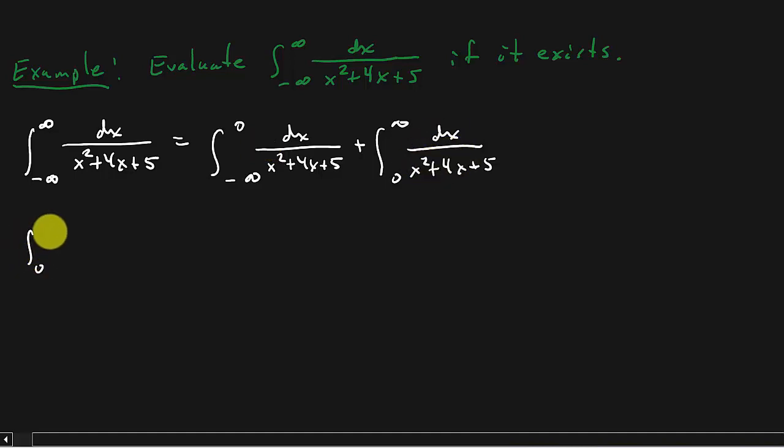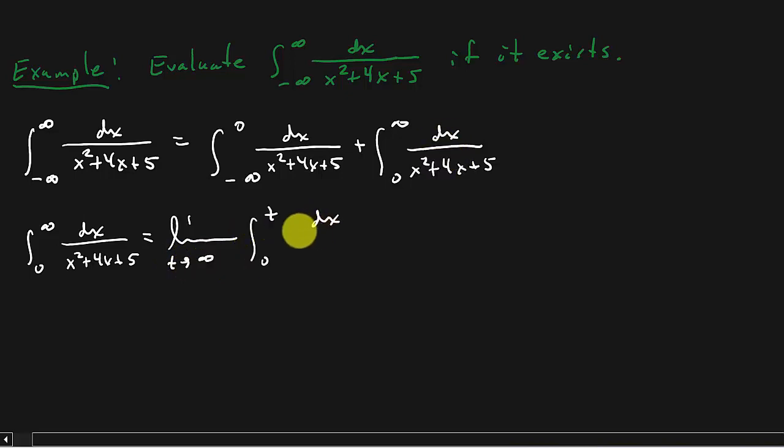So I've got the integral from 0 to infinity of dx over x squared plus 4x plus 5, which is equal to the limit as t goes to infinity. We're doing this one, and that's the integral from 0 to t of dx over x squared plus 4x plus 5. Now let's look at this. We've got to integrate this thing.